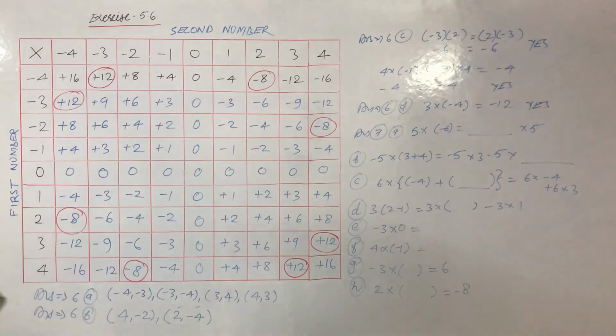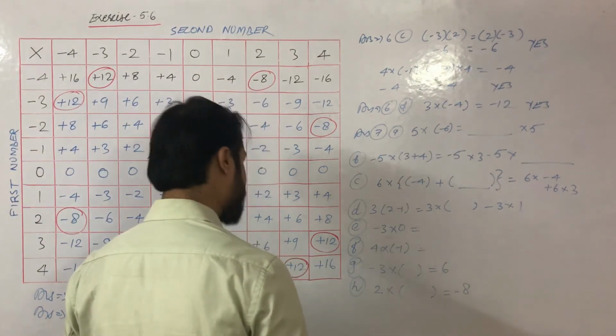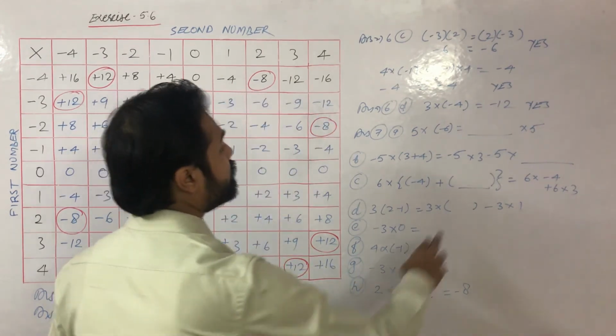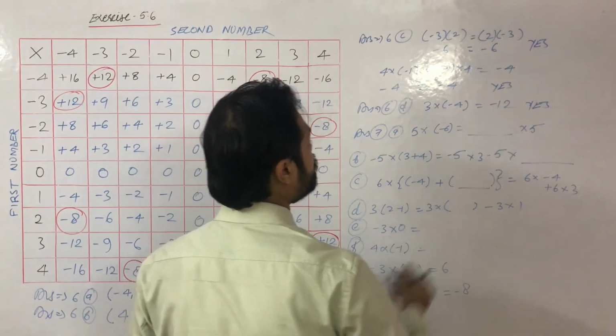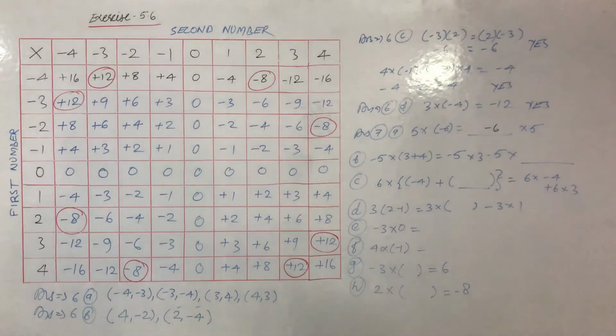So these are all the given statements, and we have to simplify them, or write correct answers. So first, 5 into minus 6 equals blank into 5. So the answer is minus 6. And next, minus 5 into 3 plus 4. I think it's the distributive property.